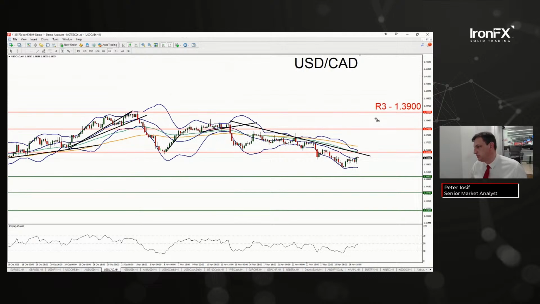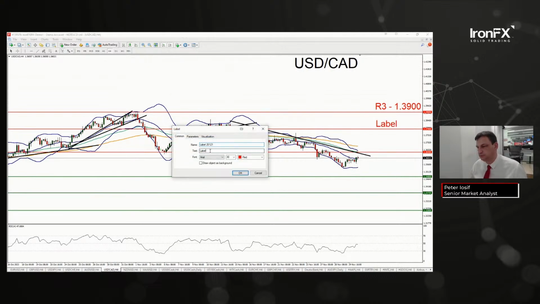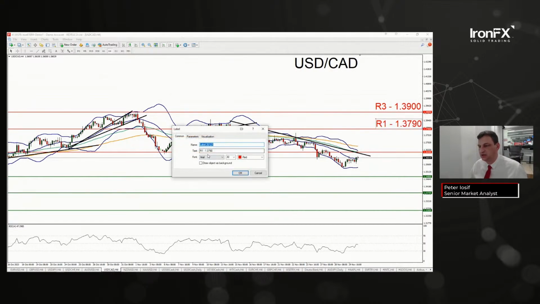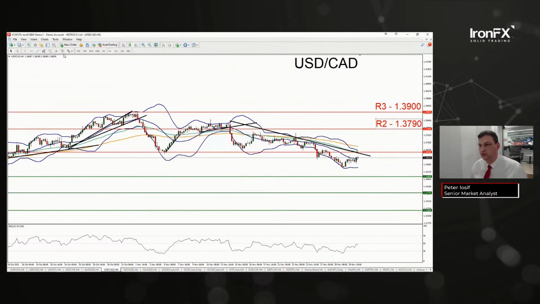Moving now to the 1.3790, which is the R2. The R2 is set. Moving now to the R1, which is the 1.3640.